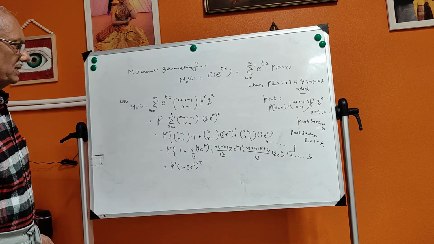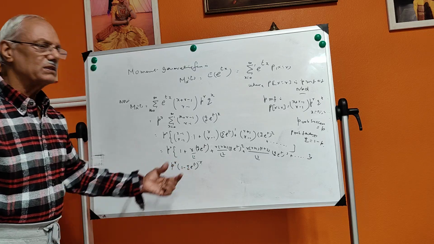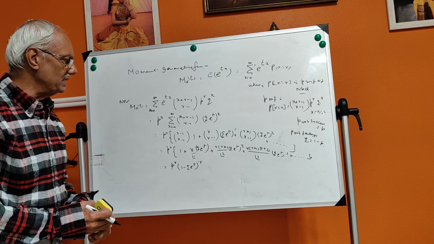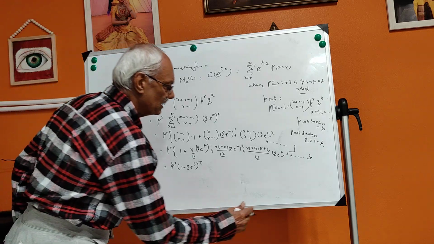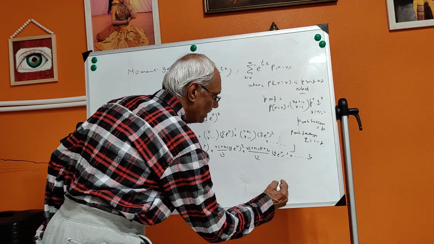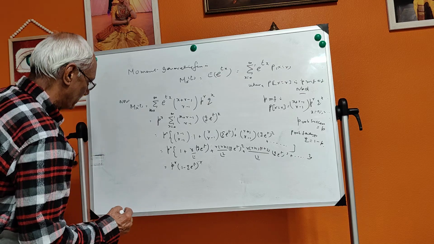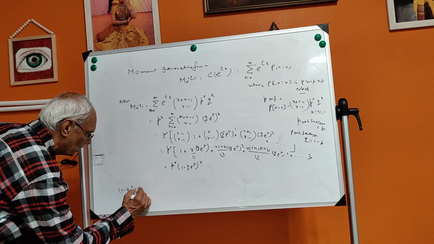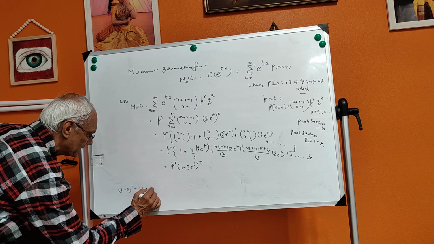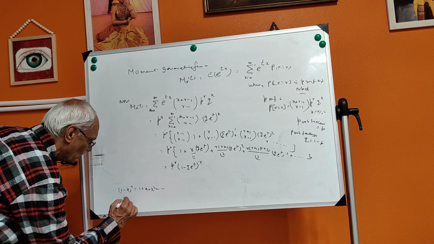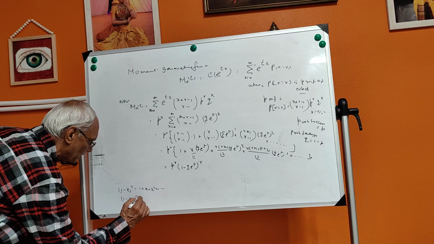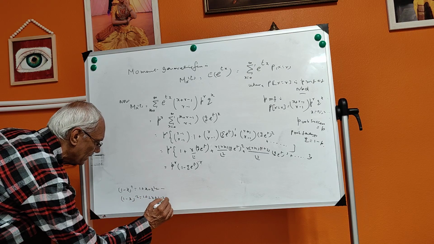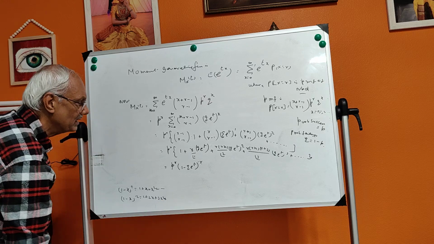It is minus r. So you must be familiar with this particular series. If you have come across it, you will know that this is what you will get. See, (1 - x) to the power of minus 1 is 1 plus x plus x square plus so on. (1 - x) to the power of minus 2 is 1 plus 2x plus 3x square plus 4x cubed, like that this goes on.